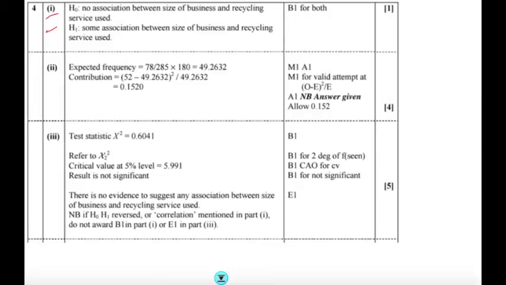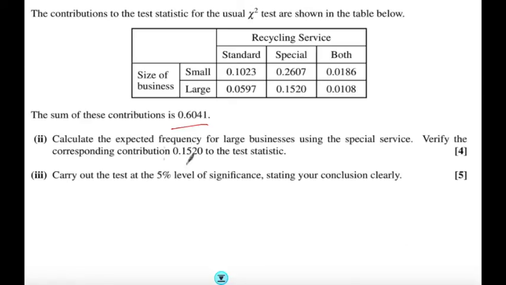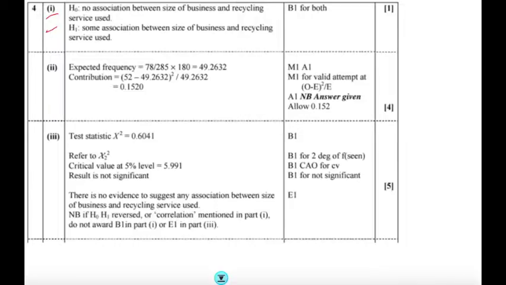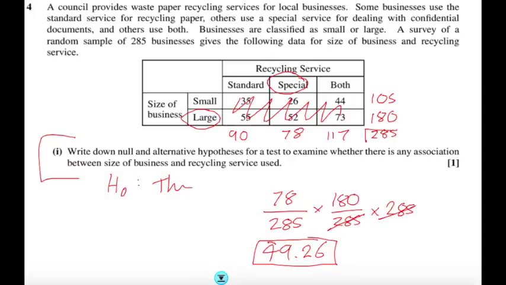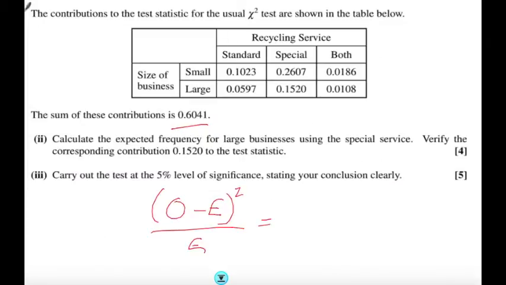And then they also want us to verify this 0.1520. So that comes from observed minus expected squared over expected. So our observed was 52, and our expected was that number, that 49.26 we got.